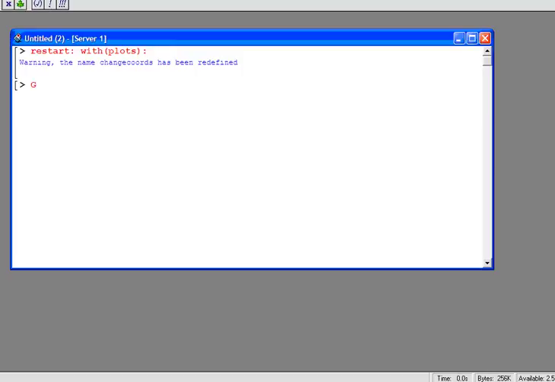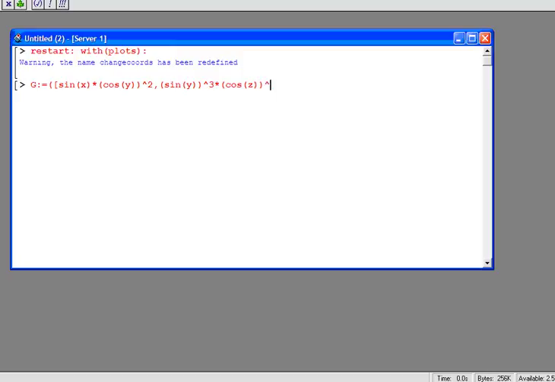I'm going to say G is defined to be the vector function sine x times cosine y squared, sine y cubed times cosine z. Okay, I have to put those in parentheses, otherwise it thinks it's cosine z to the fourth.